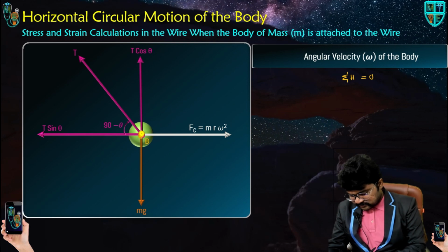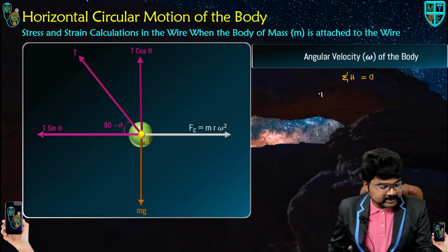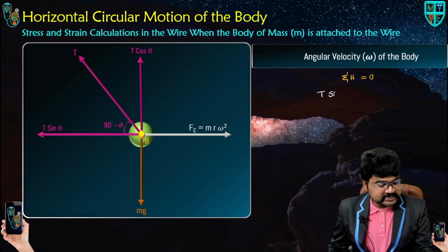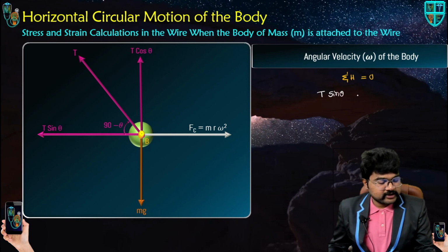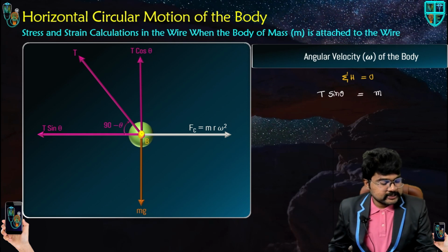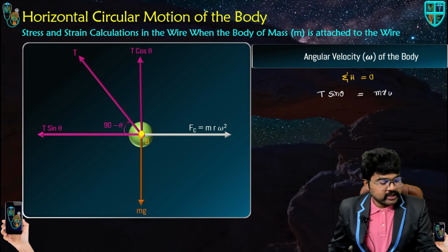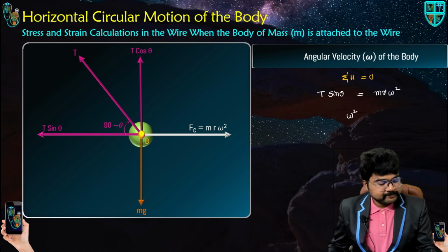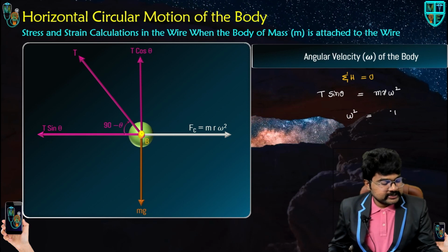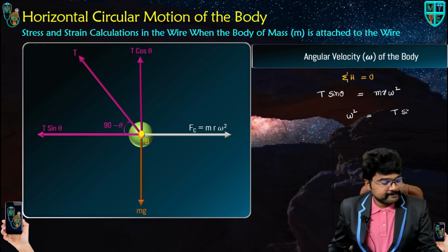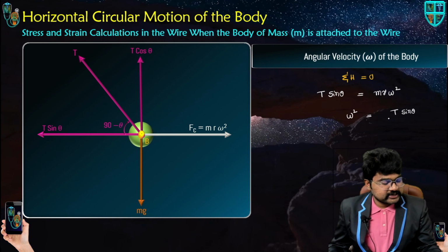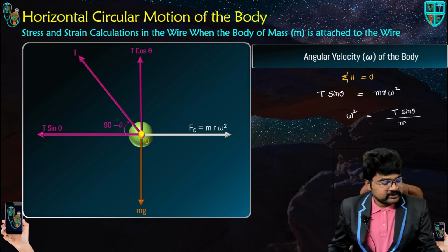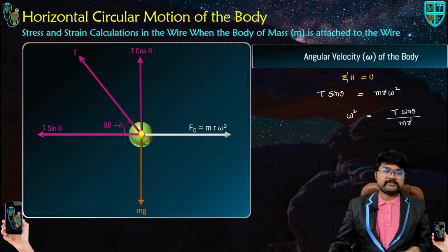Then what we did? T sin theta equals to m r omega square. What is omega square here? Omega square equals T sin theta by m times r.